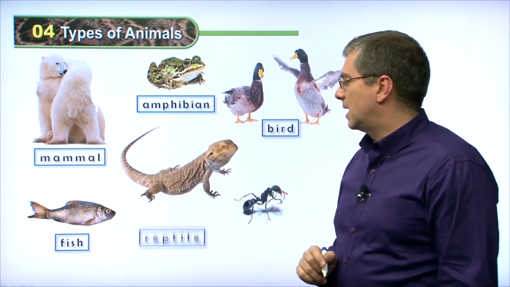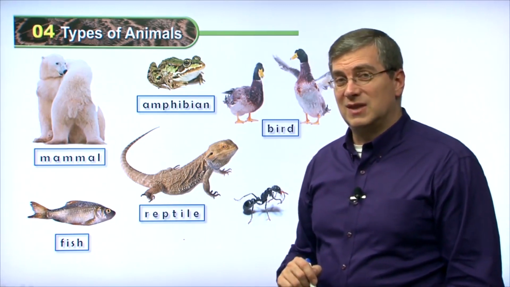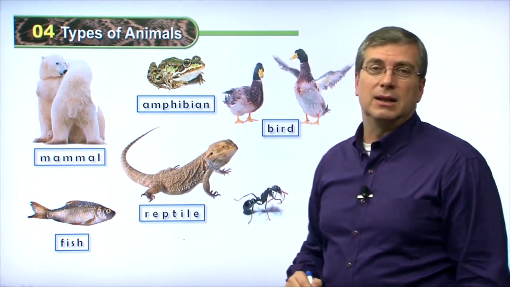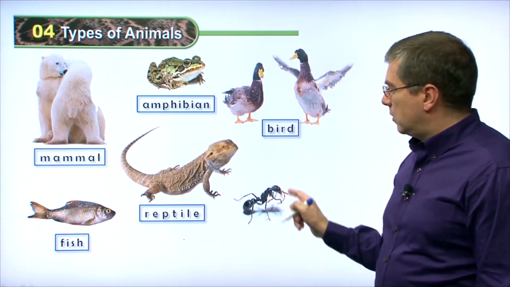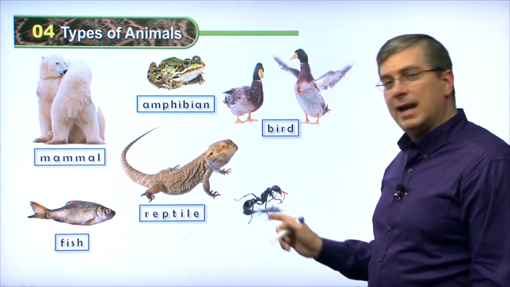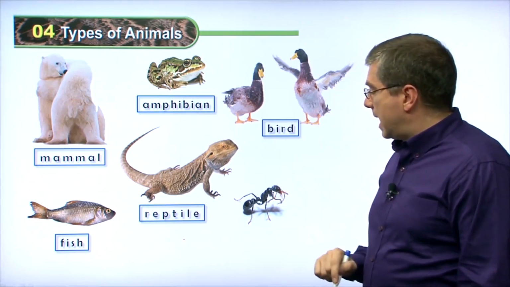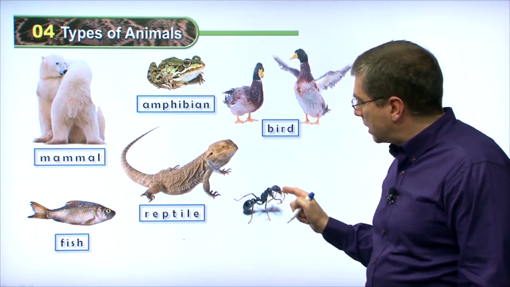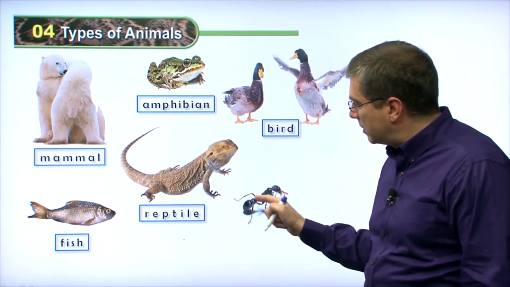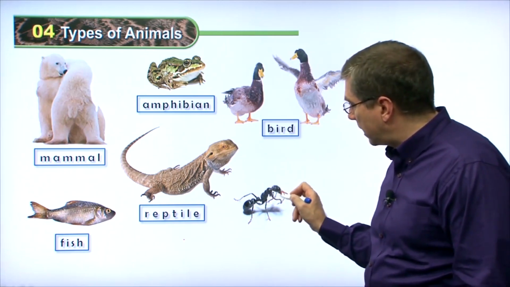A lizard is a type of reptile because it has dry, rough skin, it has scales, and it lives on land. Over here, what do we have? We have an ant. Ants are very busy. Ants are very strong. What can we say about the ant? Well, the ant has 3 body parts: the head, the thorax, the abdomen. It has 6 legs. 1, 2, 3, 4, 5, 6.